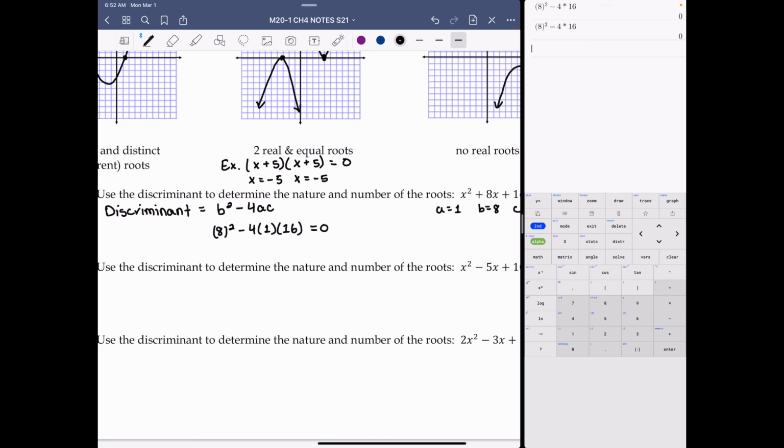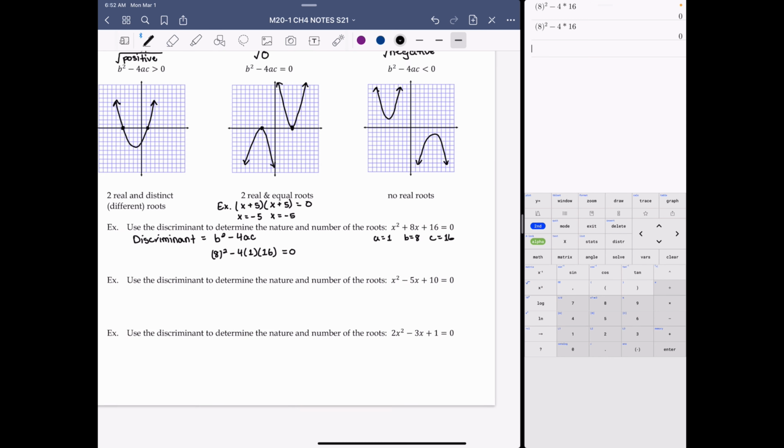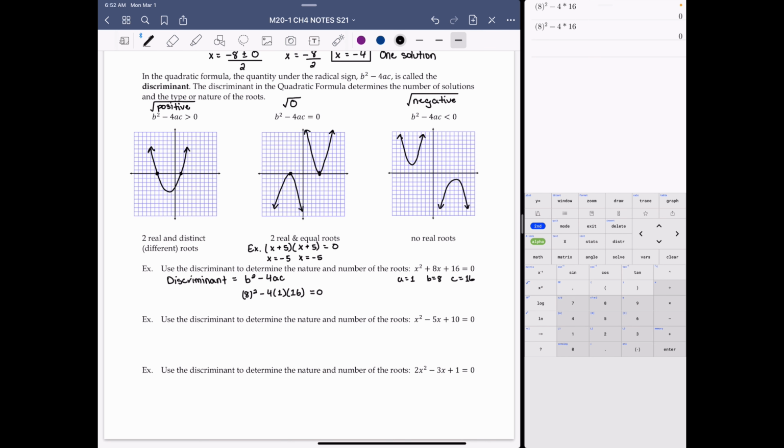So what does that mean in terms of how many roots we have? Well, if your discriminant equals 0, then we have one solution, or 2 real and equal roots.